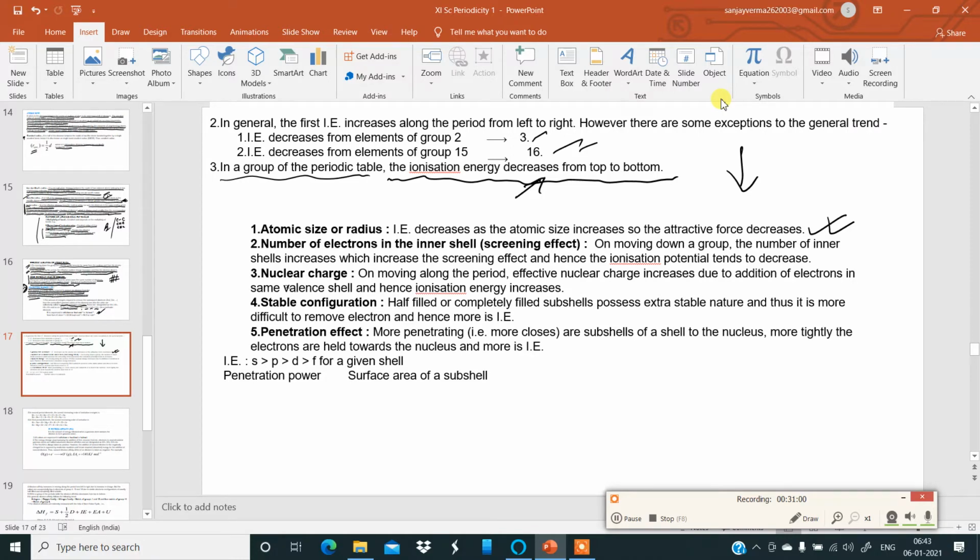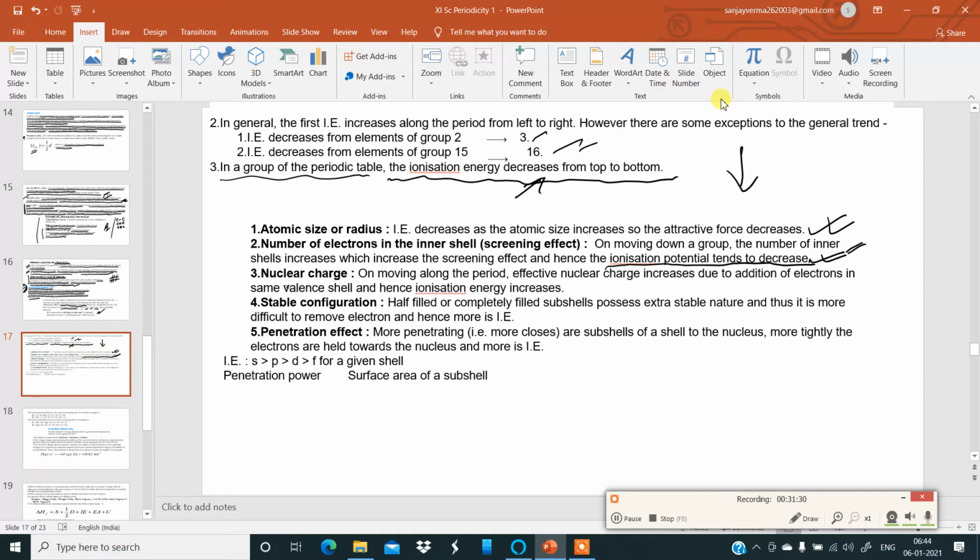On moving down a group, the number of inner shells increases, which increases the screening effect, and hence the ionization potential tends to decrease. Keep that in mind. So when you are moving down the group, there are a number of electrons in the inner shells, and that is going to block the effect of the nucleus on the valence shell electrons. So what is going to happen? The ionization energy will decrease.